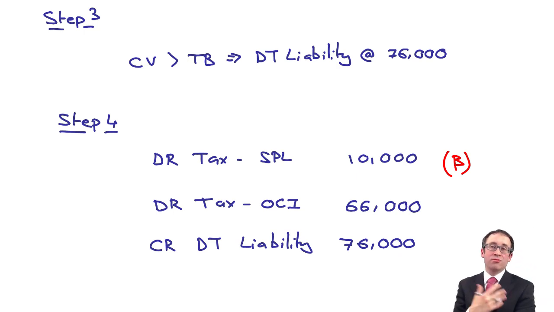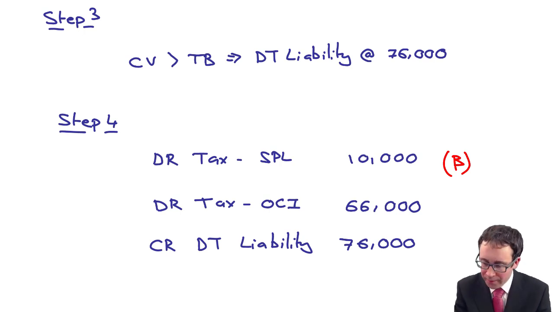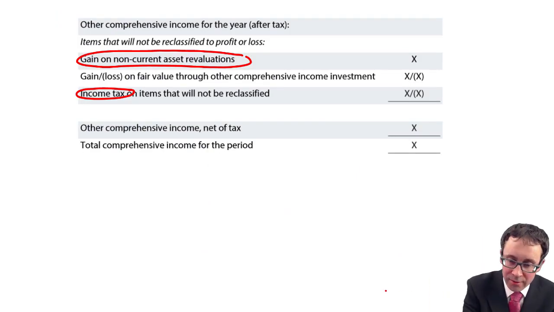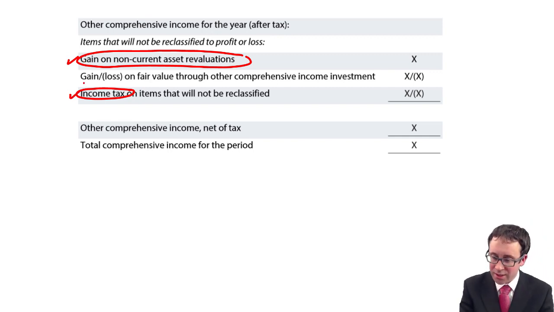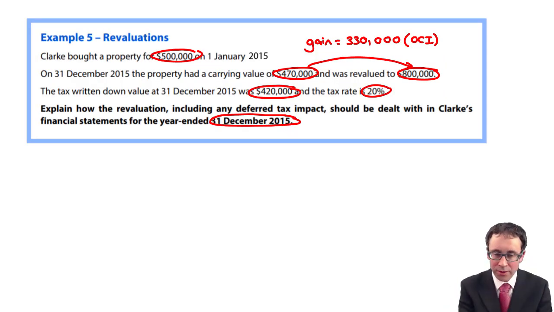And that 10,000 represents the normal movement that there would have been on deferred tax if there was no revaluation. Okay, we can prove it. Watch. Because what we've got there is we've worked out the gain. We've said that it was 330, I think it was. We've got the deferred tax in there, was it as 66? But that 66 wasn't all of the movement.